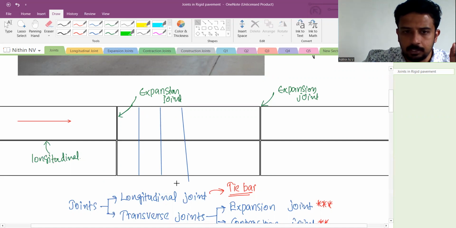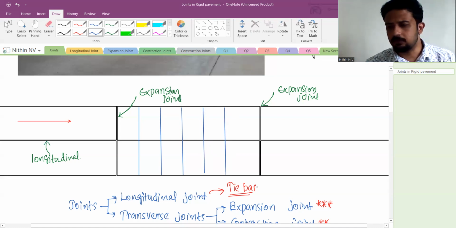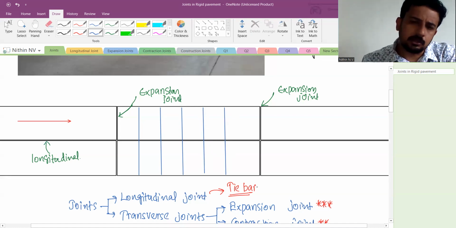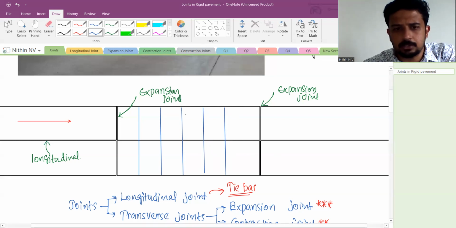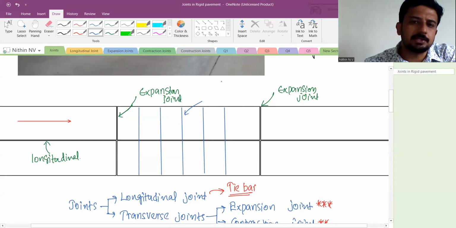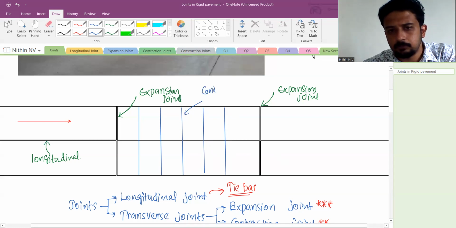There is an equation for that, and we'll be studying that also. In the GATE examination, you don't have to draw and mark these things, but in case they give a diagram and ask you to identify the type of joint, then you should know it. All these blue lines represent contraction joints.